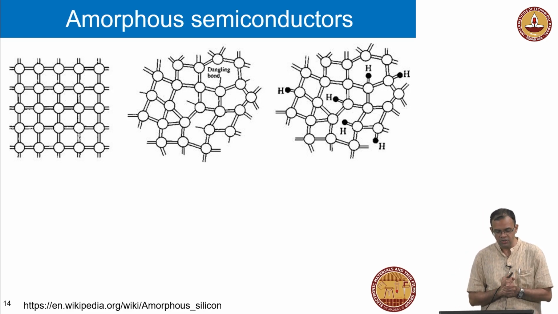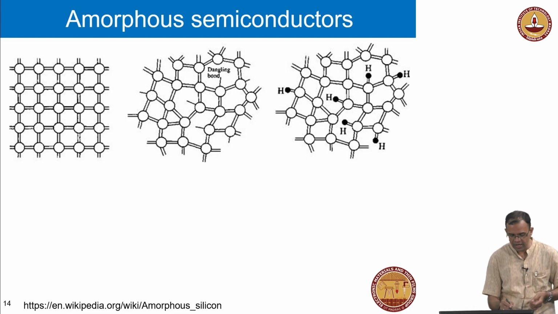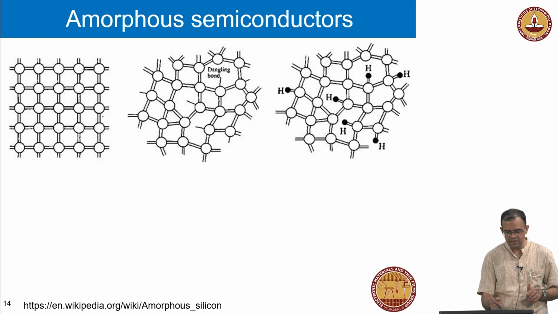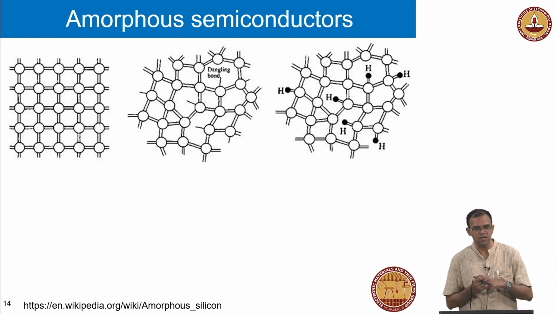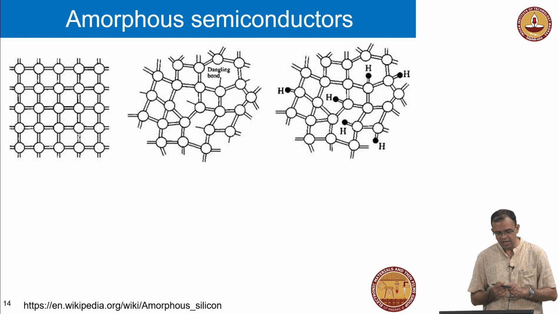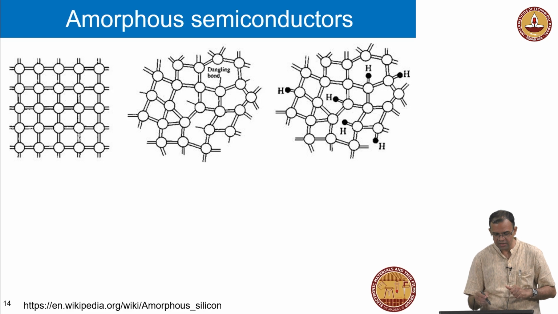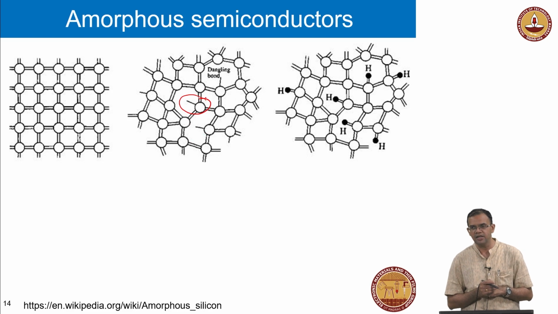In the case of amorphous silicon, let's go back and look at crystalline silicon first. Each silicon atom has 4 bonds, so each silicon is bonded to 4 other silicon atoms. If we break this long range order, we create silicon atoms where not all 4 atoms are connected to others.